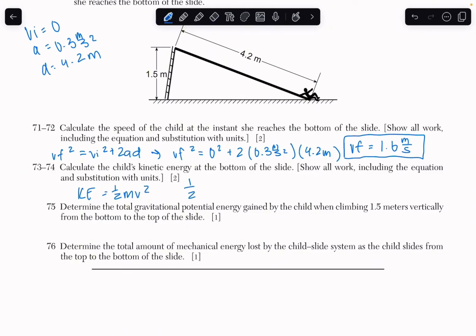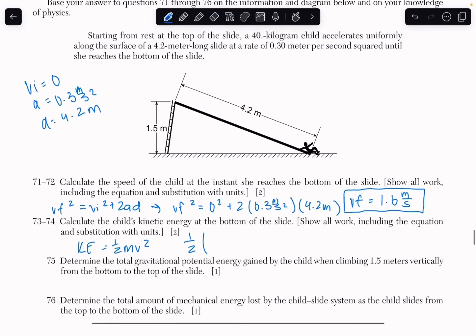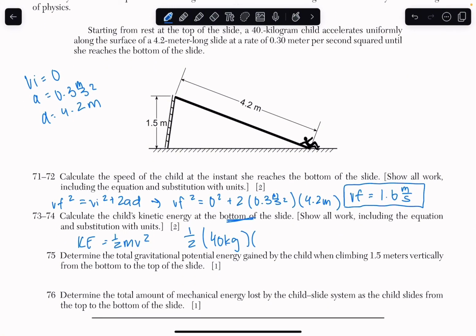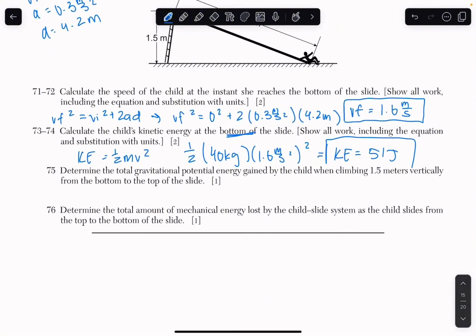So just plug it in. 1/2 times mass, the child is 40 kilograms, times a velocity of, once it reaches the bottom, so that's this velocity, we're going to use 1.6 meters per second squared. And our KE, we're going to get 51 joules.